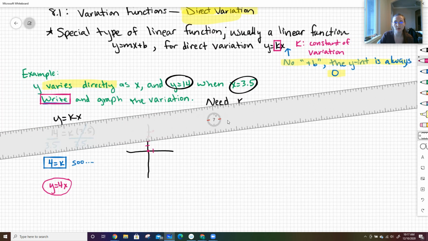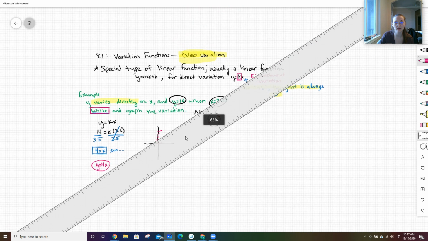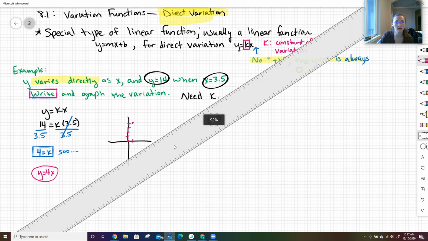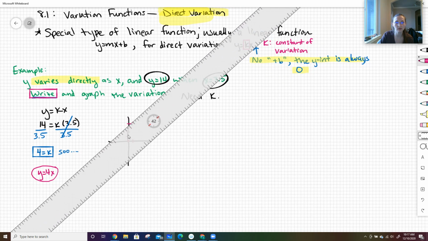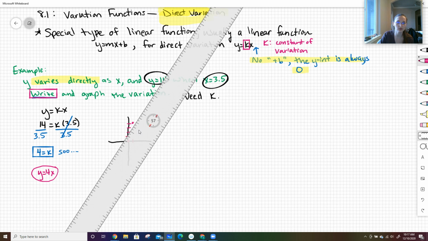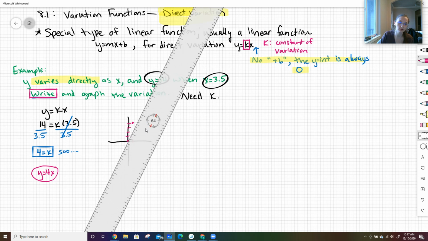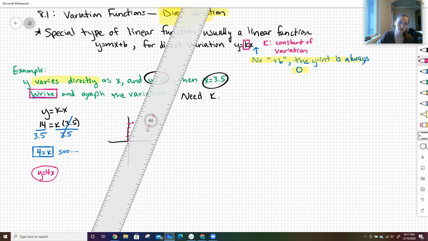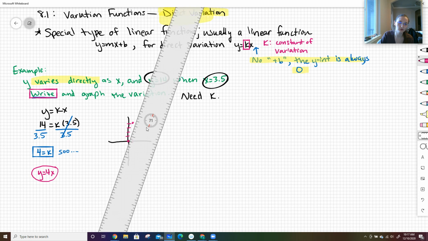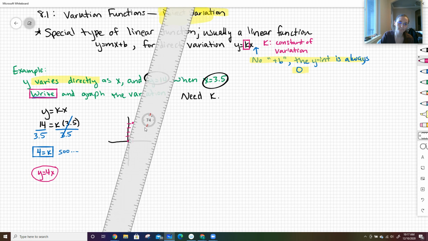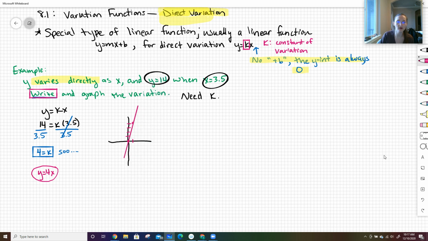Still learning, still working with the technology. Oh, for Pete's sake. Getting closer. All right, there we go. Good enough. So y equals 4x, so we would go like that. And there's our graph.